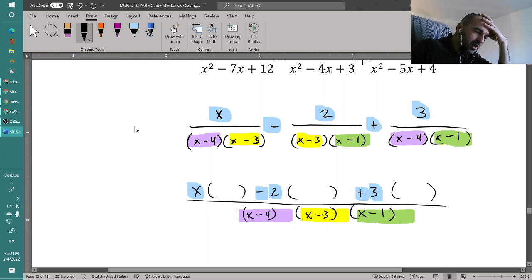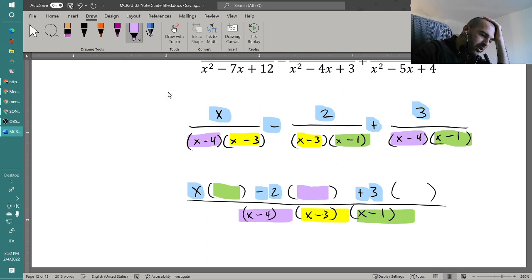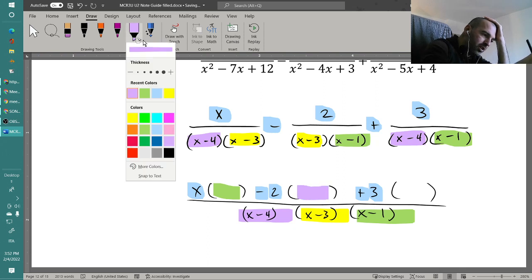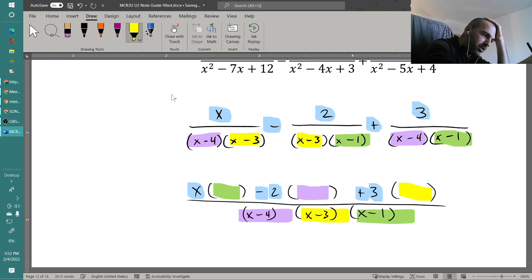All right? Purple, yellow, those are the factors that we have. So that means you're missing green. So you go ahead and put in the green factor. Then in the middle one, you've got yellow and green, so you're missing the purple factor. And in the last one, you've got purple and green, so you have to put in the yellow factor.